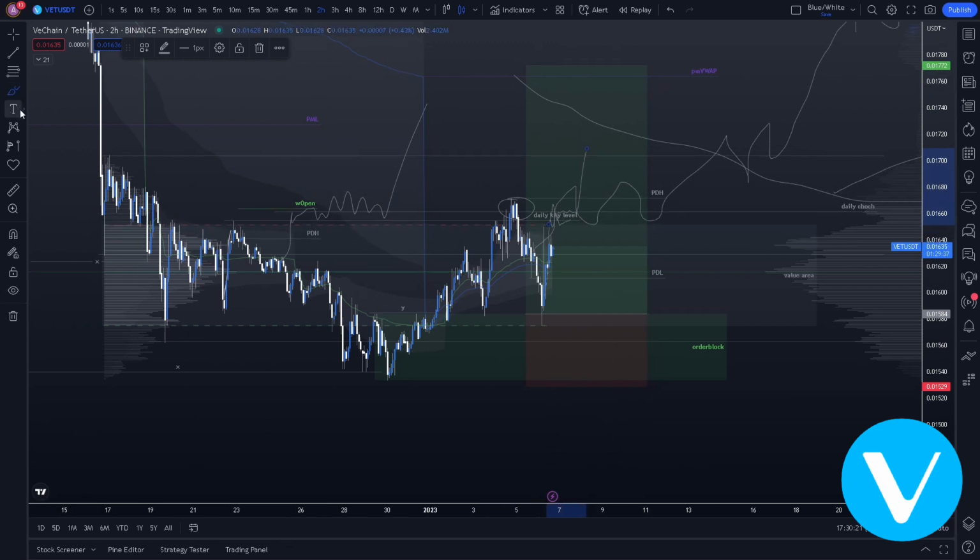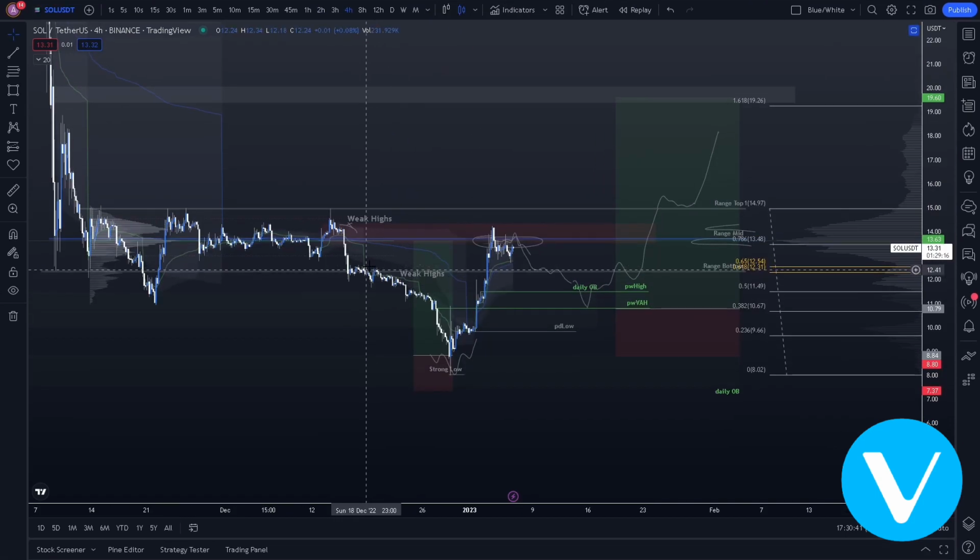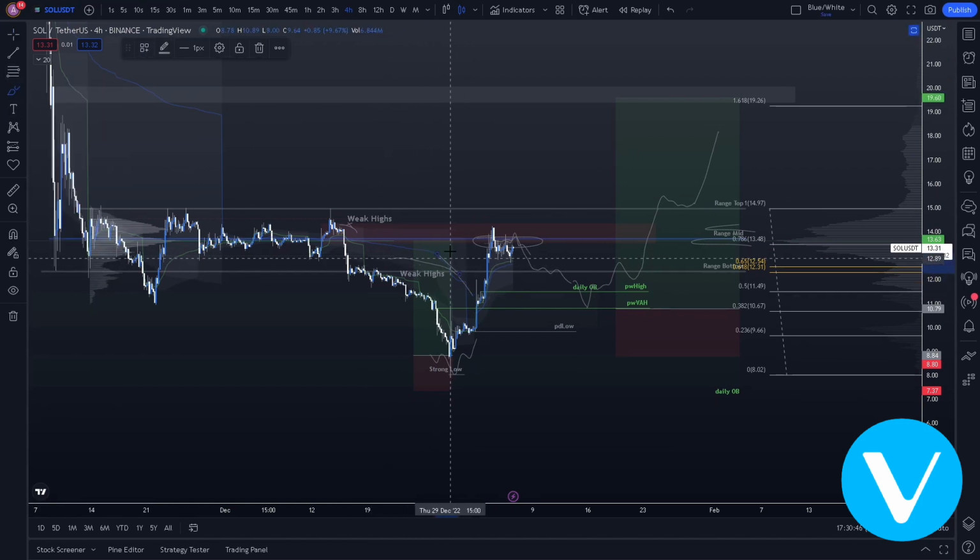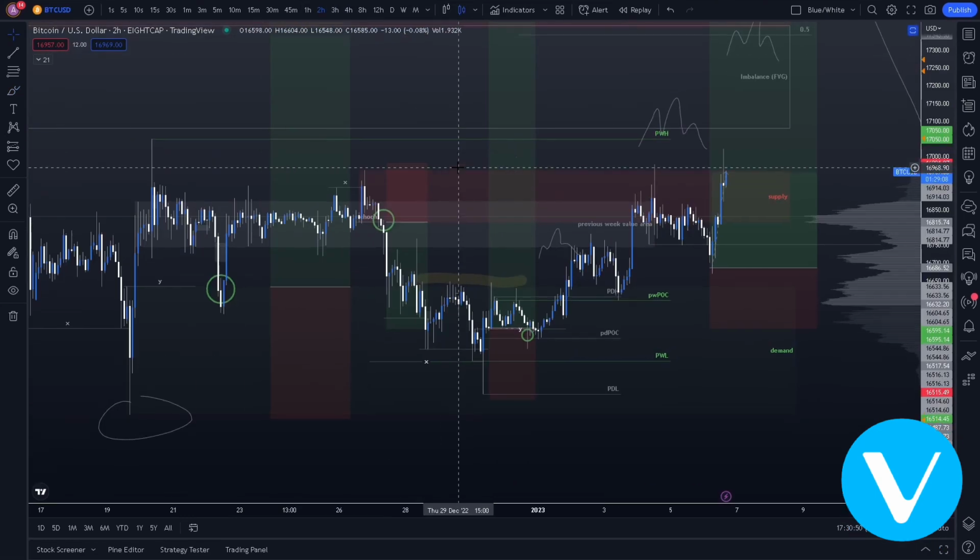If I take a rectangle to highlight an area that I believe is very, very important, it's around this area. If you guys saw my last few videos, I showed you how all these weak highs get taken out. We have a ton of weak highs right here, which is just a pocket of liquidity. For example, if we go to Solana, all these weak highs just get taken out.